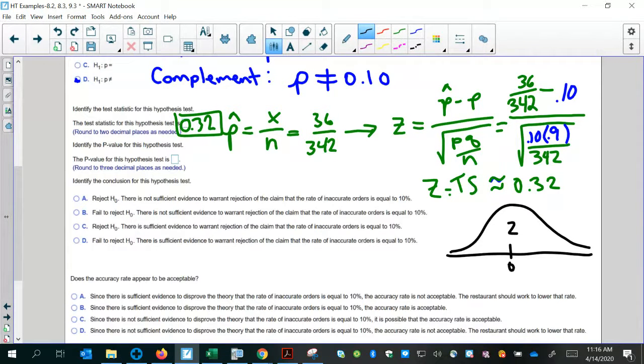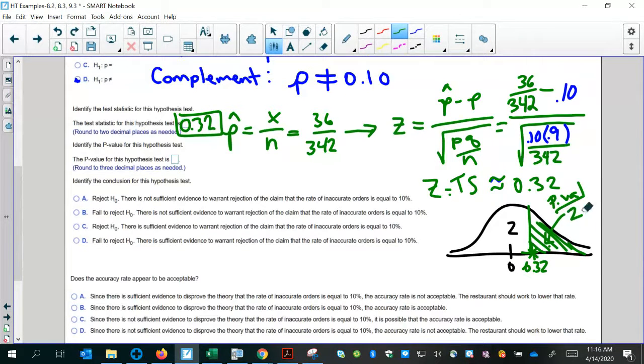With a mean of 0 and a standard deviation of 1, the test statistic is somewhere right about here. That's my test statistic, and I'll draw a line up to the top of the curve and shade the region in the tail here. Now, something to keep in mind, we are going to look for this area to find the p-value, but this is only going to be half of our p-value.